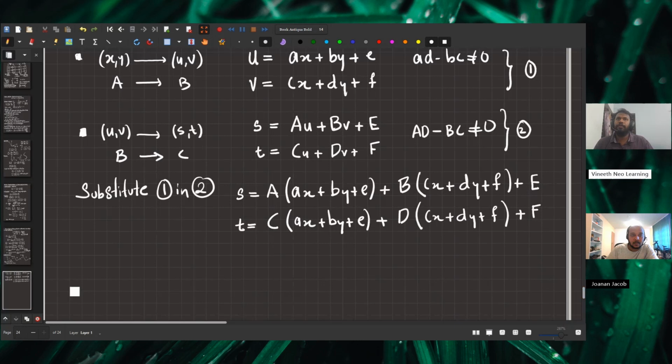Let's distribute these A, B, and C inside the bracket.